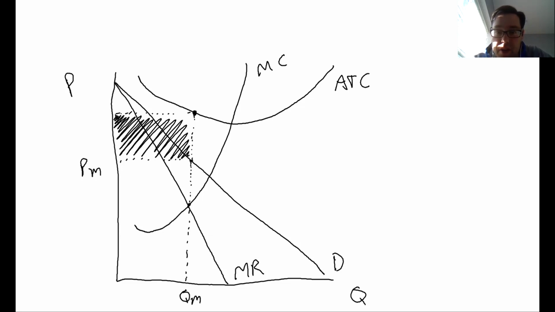Let's just write this rule over right here. Firms will operate as long as price is greater than average variable cost. So really that's all you need to say here.